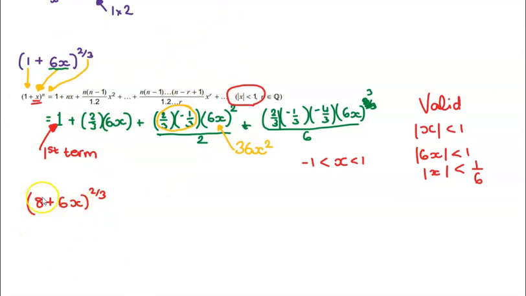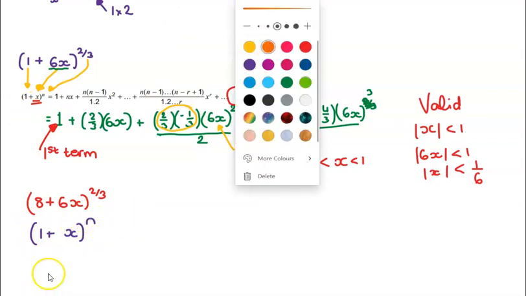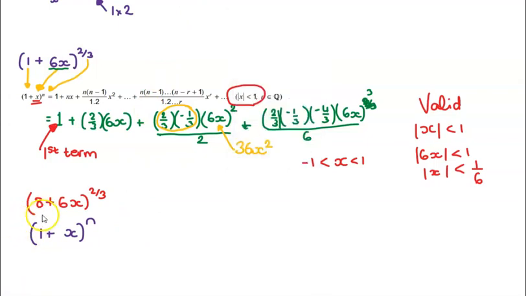Right, this 8 plus 6x to the power 2/3 is not in the form 1 plus x to the power n. So we need to make it into that form if we're going to use this expansion. We want a 1 here, but we've got an 8. So we need to divide this bracket by 8.